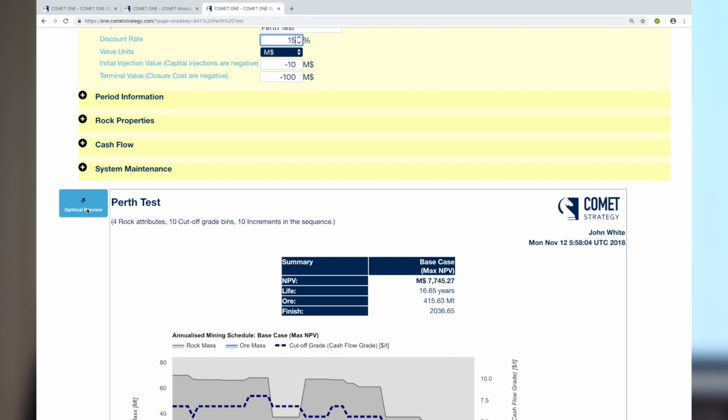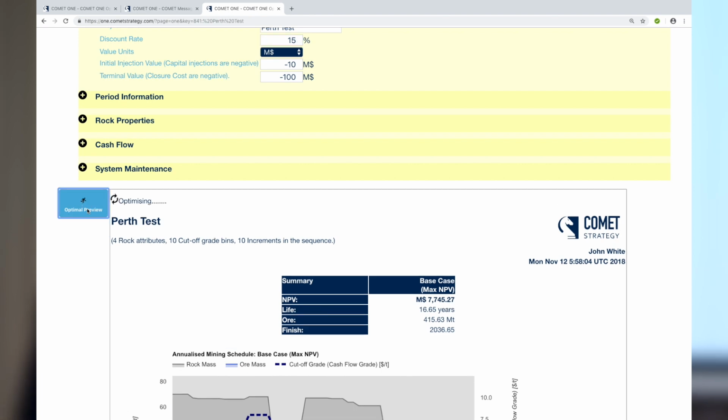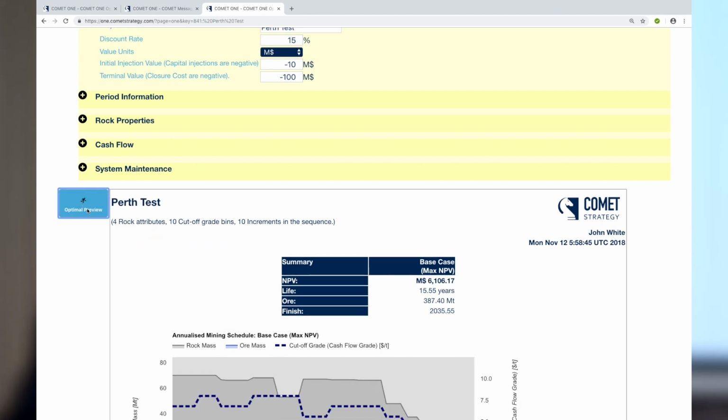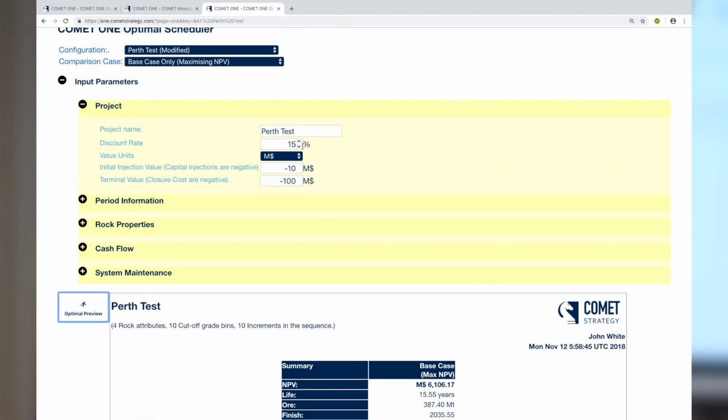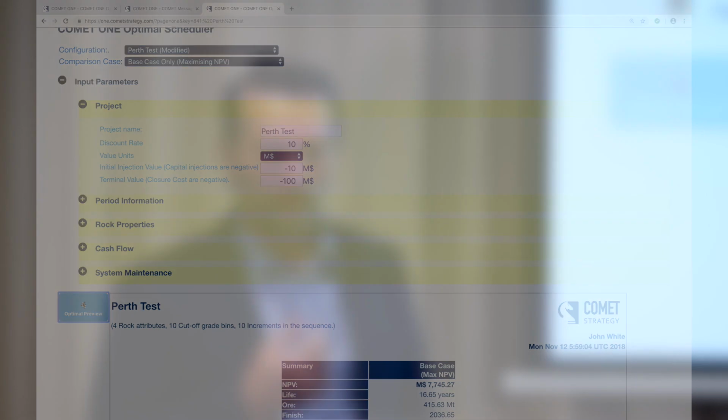So that's 7,745 and 16.65 years. And it'll be live, calculating what that is. So certainly the NPV dropped, which is what you'd expect, and the life also dropped. So I'll just set it back to 10% while we go through this.